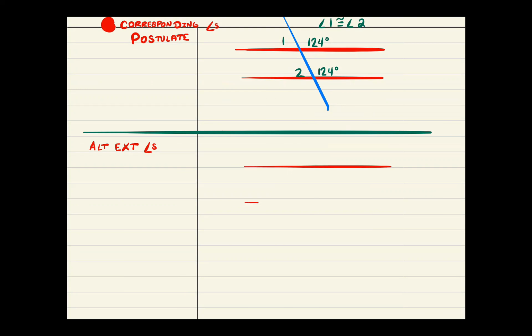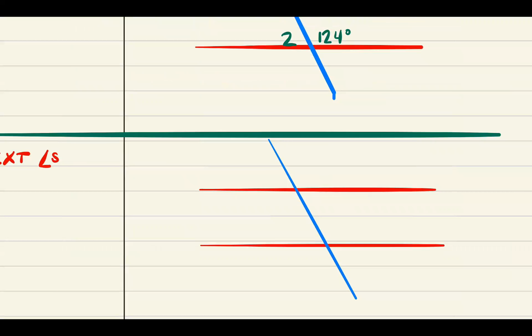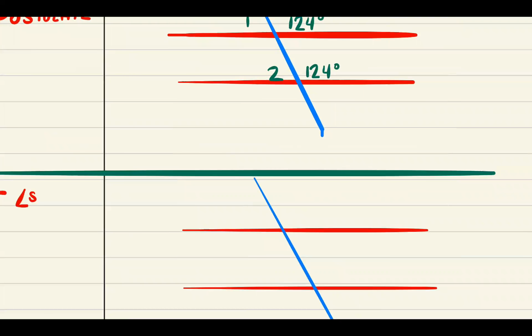So we got 2 parallel lines cut by a transversal. How are they related on the transversal? Opposite sides of the transversal, inside or outside our parallel lines? Outside. So angle 1 and angle 2.